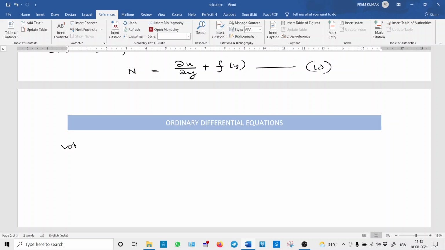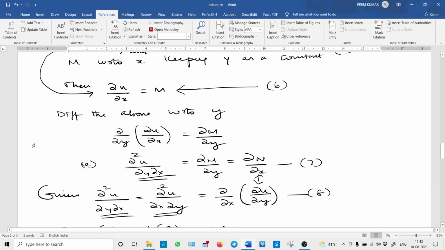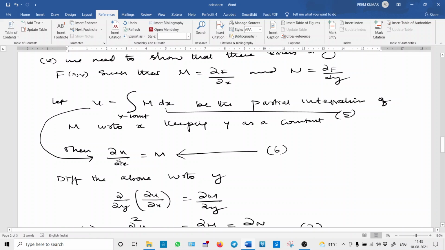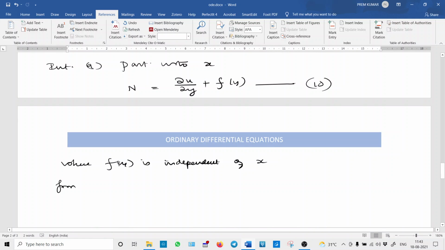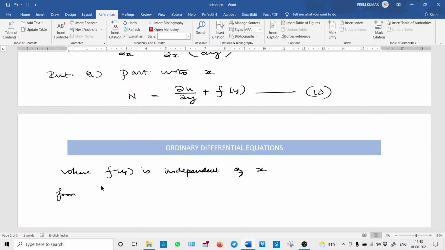where f of y is independent of x. So now from 6 and 10, what is M dx plus N dy?